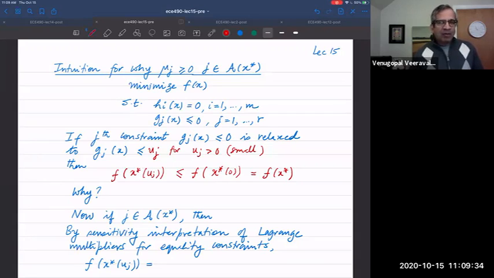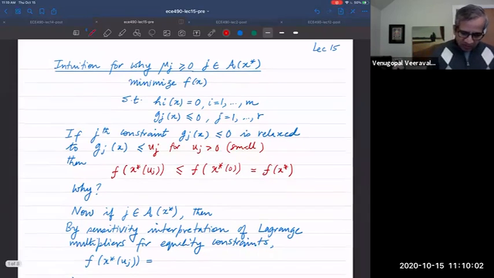So if I'm allowing more x's, then I can only improve my optimum value, right? I cannot make it worse, because if by making it larger, some x's actually produce a worse value of f of x, I'll just ignore them. I'll just use the ones that were originally in the constraint set with 0 instead of Uj. So enlarging the constraint set will always improve the optimum value, right?